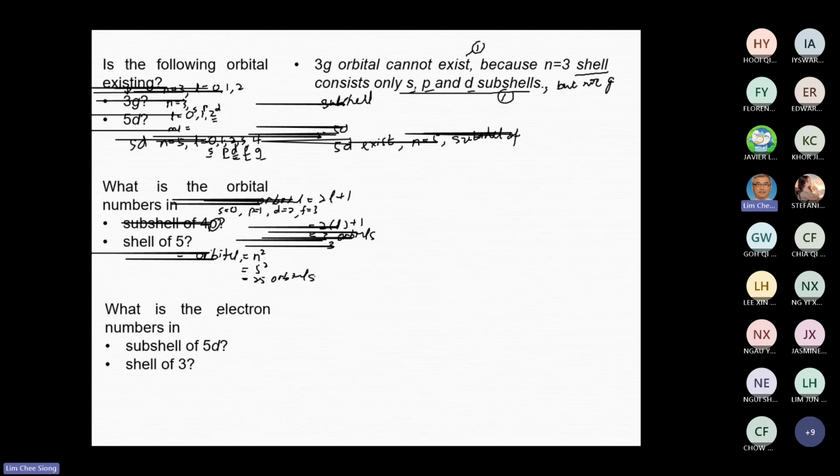Okay, let me go for it. Number of electrons, be careful, because it's not number of orbitals. So 5d, d, what's the number representing? d equal to 2. Be careful, write it down, 2.